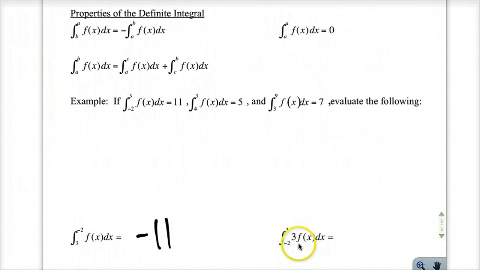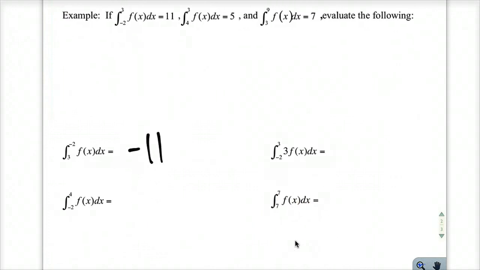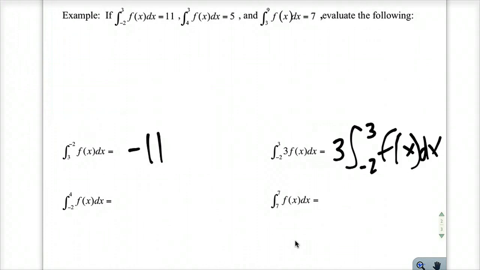The only difference is that this one has a 3. So I will factor out the 3, like so. This piece right here, I'll even highlight it for you, is given to us as 11. So 3 times 11 is 33.